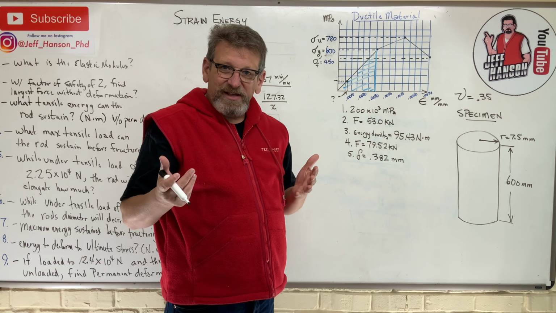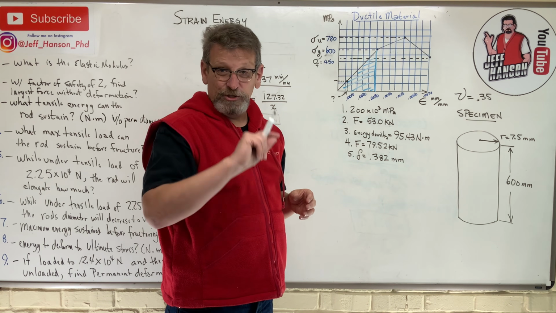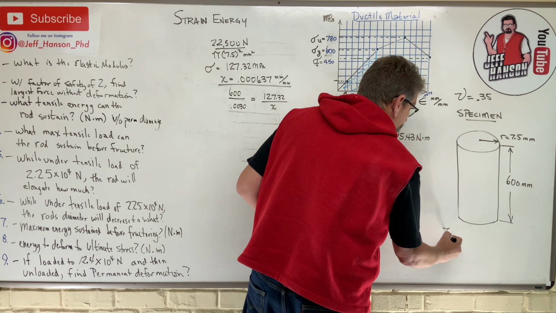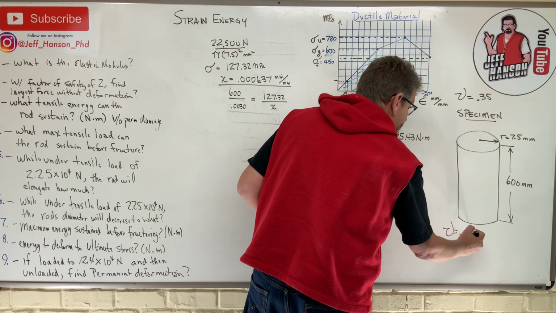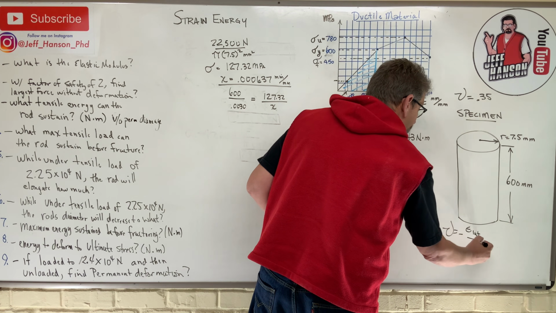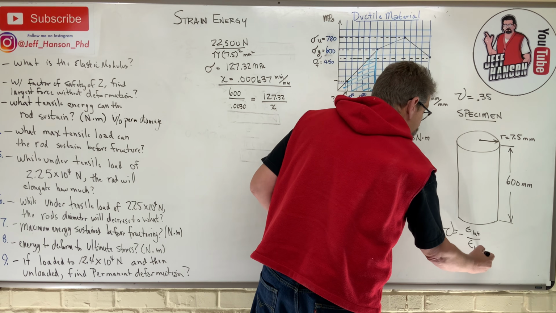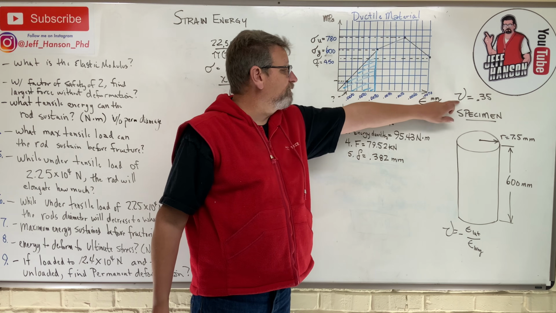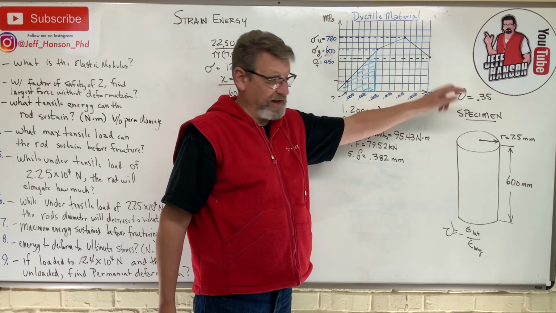You know what that sounds like? Poisson's ratio. What is Poisson's ratio? Poisson's ratio is negative strain lateral divided by strain longitudinal. Now we're given Poisson's ratio for this material is 0.35.